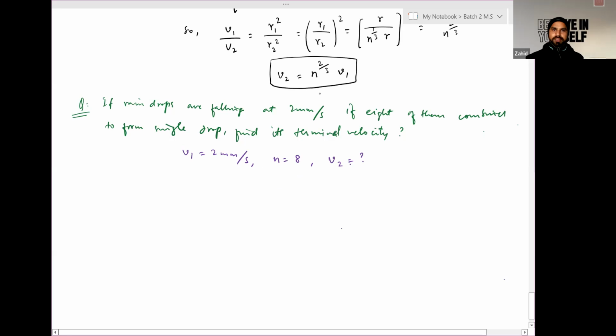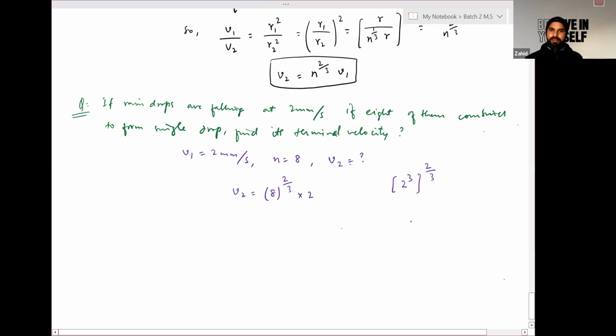Suppose if you put all the values in this part, it will be V2 equals n, which is 8, to the power 2 by 3 times V1, which is 2. So for this particular exponential, we may write 8 as 2 to the power 3.